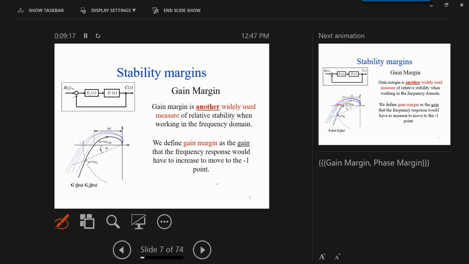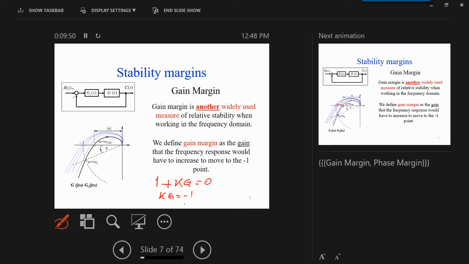Because we are plotting the complex function, and remember, 1 plus kg equals 0, so kg equals minus 1. This complex quantity, minus 1, becomes very important. If I am to the right of minus 1, this is the gain margin, the amount of gain I can increase before reaching minus 1.